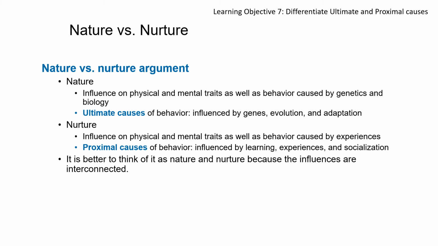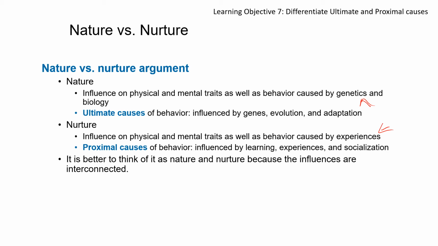And then the nurture side is that our behavior, our physical and mental traits, are all caused by our experiences, our environment. Historically there's been an argument about what has more of an influence, nature or nurture.